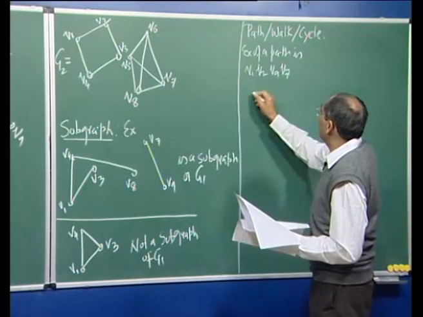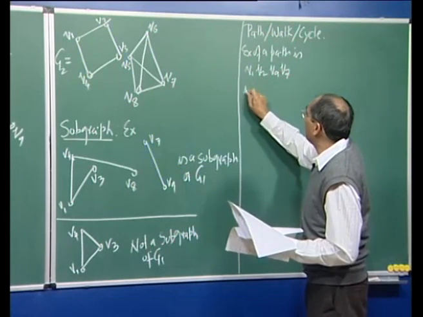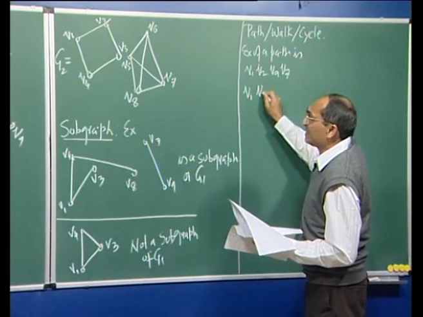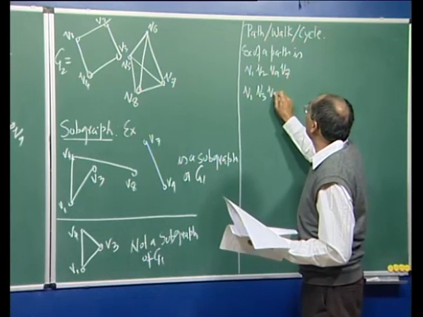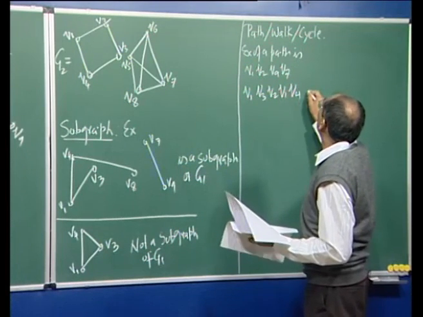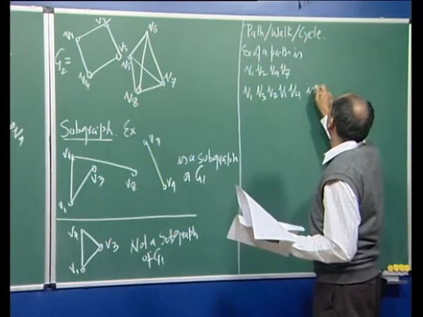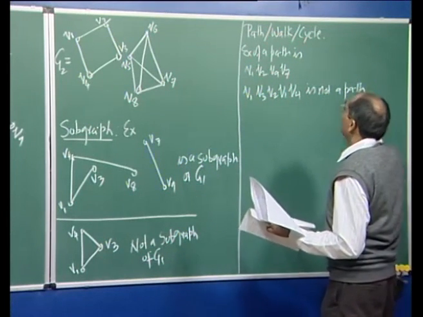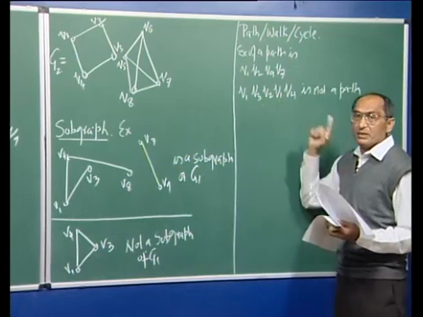This is a path. Now V1, V3, V2, V1, V4 is not a path, simply because V1 is repeated.